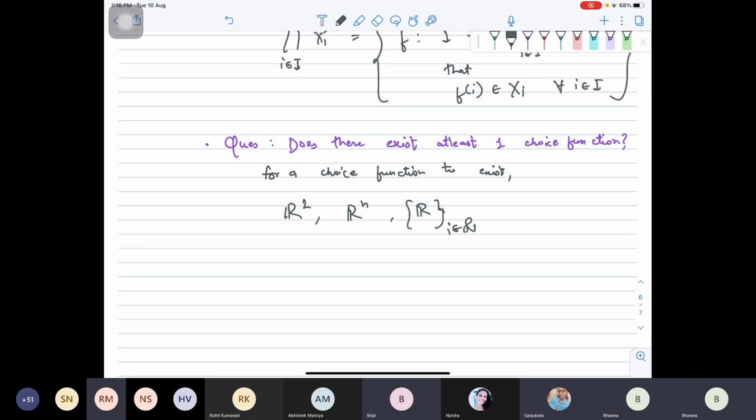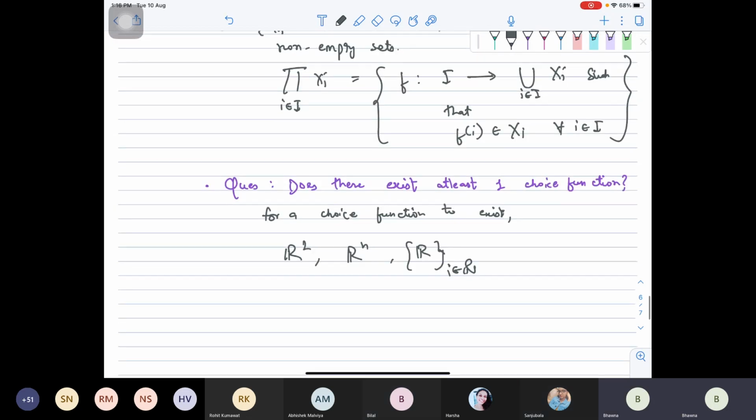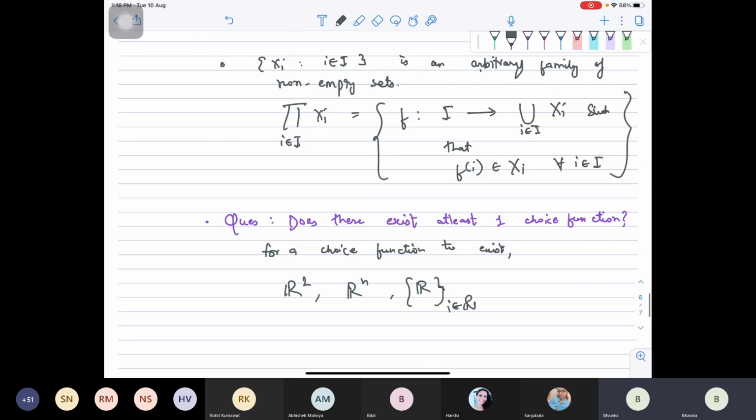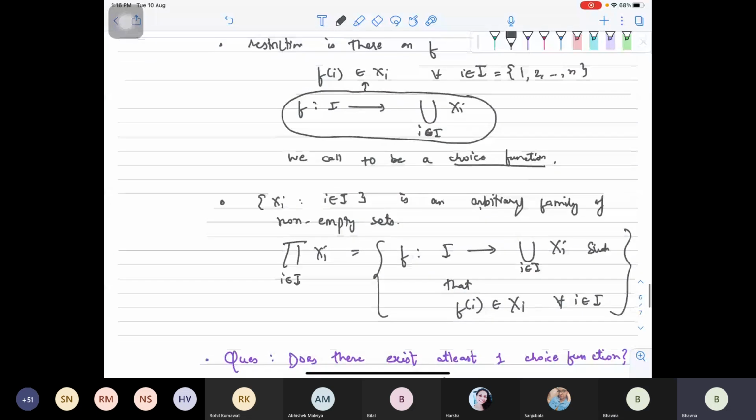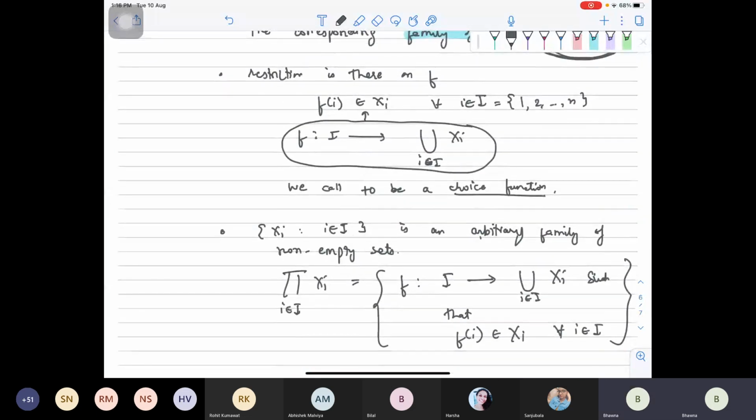What do you mean by choice function? A choice function means an element in the product, that means a function from the index set to the union satisfying a restriction condition. That means an element in the product space, the product space which we have defined. So the question becomes, is the product space non-empty?